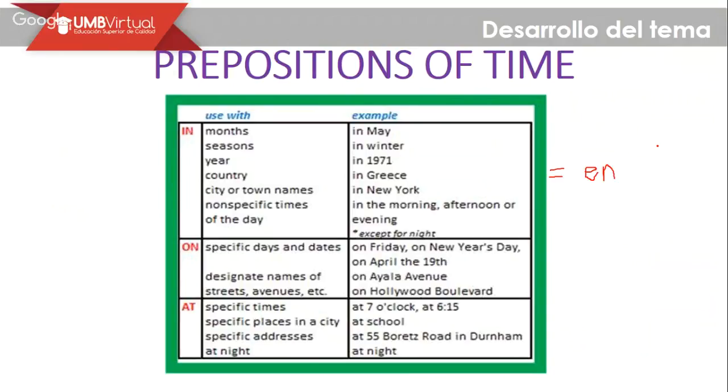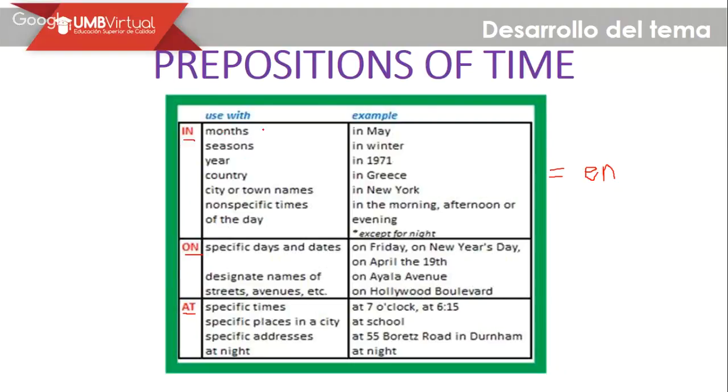You know, en mayo, a las 7 en punto, ¿sí? En la mañana, we use those expressions in Spanish. But in English, we have different prepositions depending on the expression. We have in, on, and at. All of these prepositions of time, we use them to talk about specific moments of time.